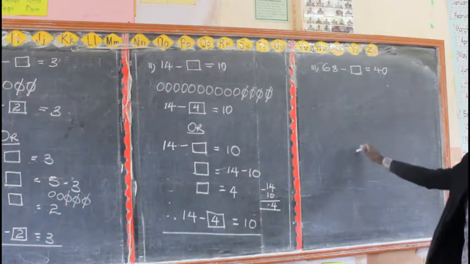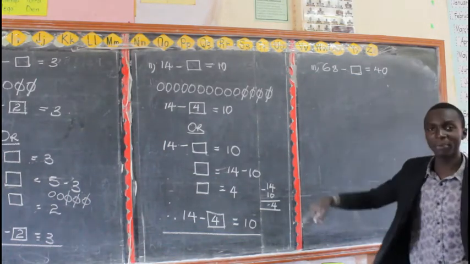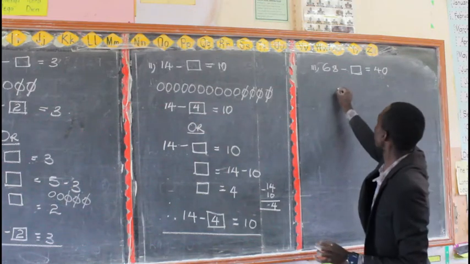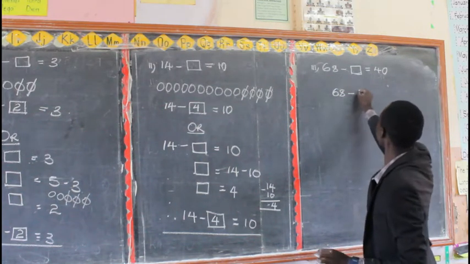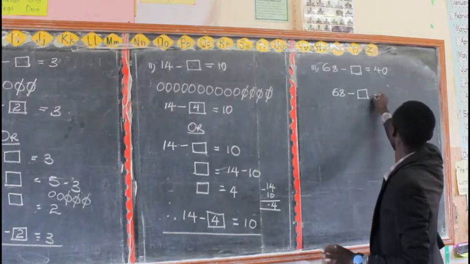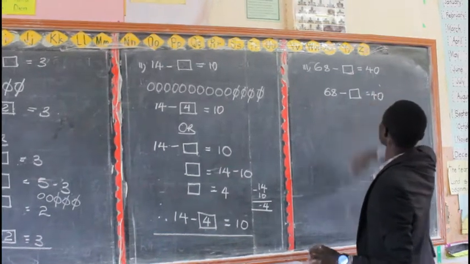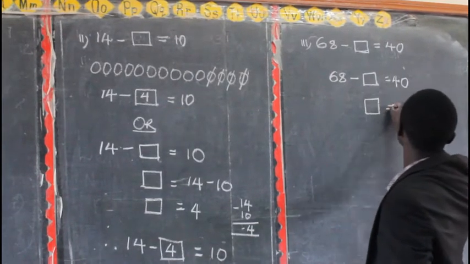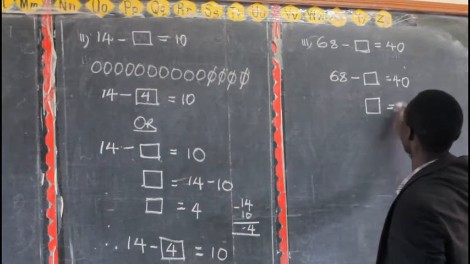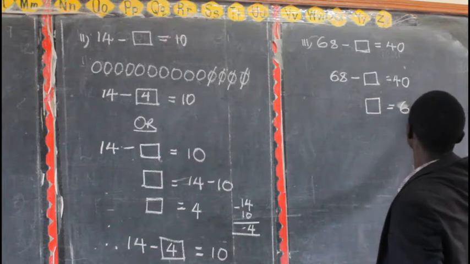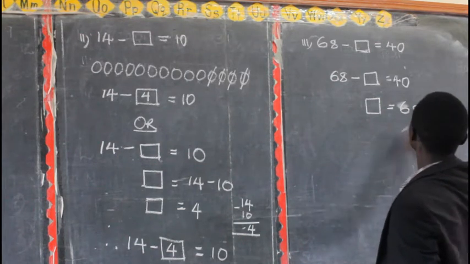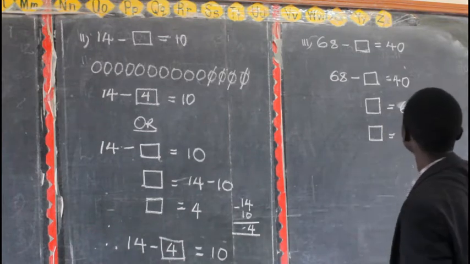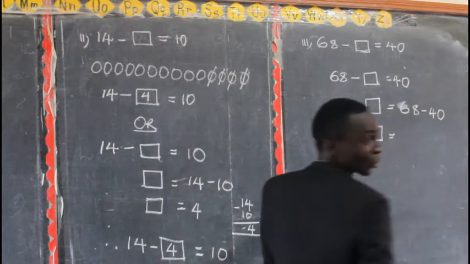Here, I would advise you to use the simpler method of subtracting directly by saying 68 minus a box, you get 40. So my box is equal to 68 minus 40.